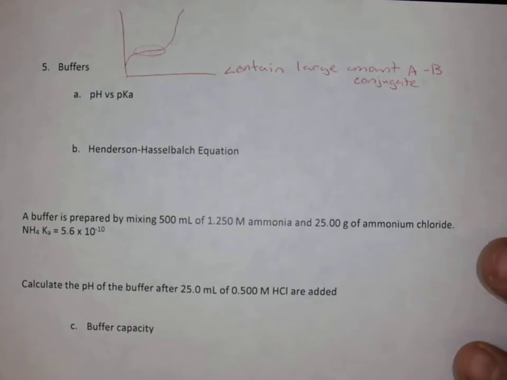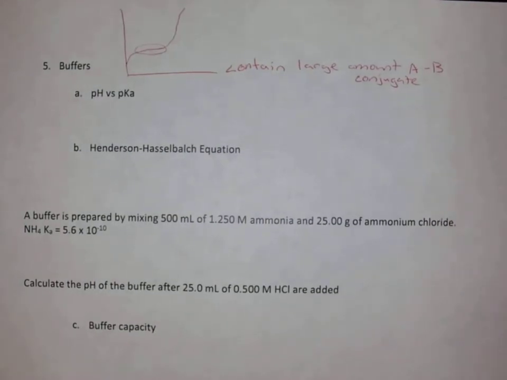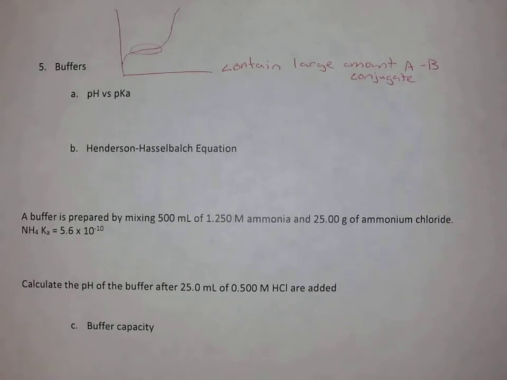Okay, so if we have a buffer, we've got a large amount of both our acid and conjugate base, or the base and the conjugate acid. We've got this mixture of both of those. So if we have an acid that we've put in there, we would have pH and pKa.